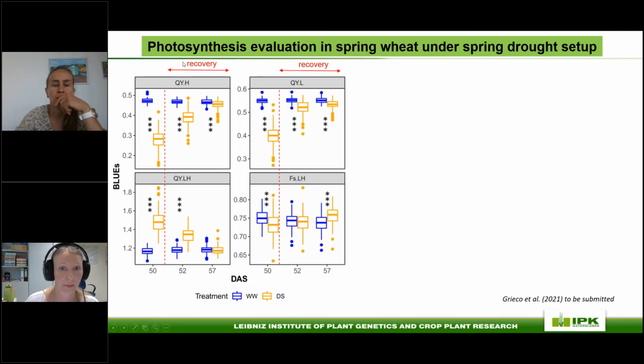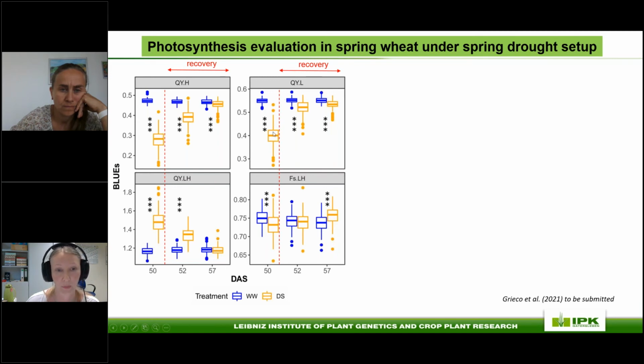Then let's have a look at the traits that he measured with his protocol. And these are here the box plots. So in blue again the well-watered treatment, in orange the drought treatment. The line indicates the recovery. So here is the last day in drought for the photosynthetic efficiency under this steady state high light condition, of course strongly reduced in the drought-stressed plants after this long time of drought.